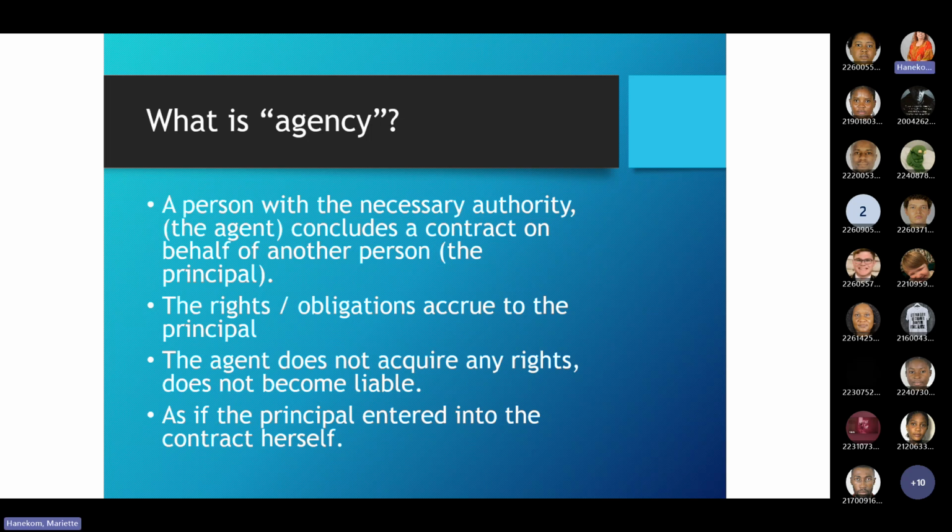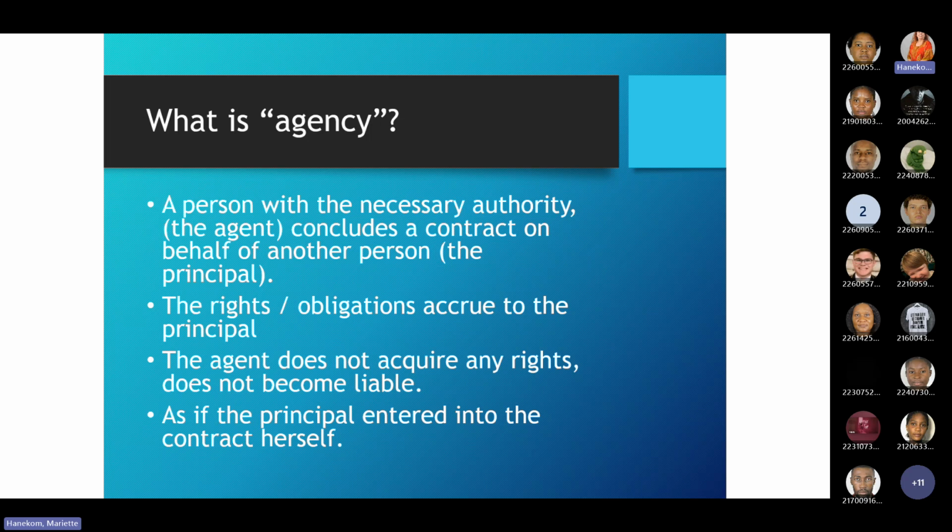Please watch out for the spelling of principal. It's P-A-L at the end, not P-L-E. So a person with the necessary authority, known as the agent, concludes a contract on behalf of another person, known as the principal.